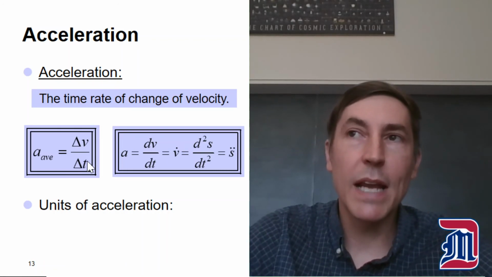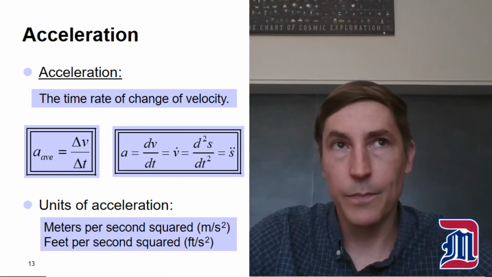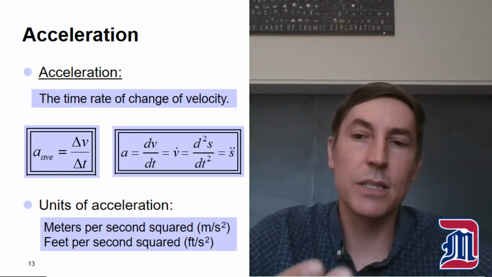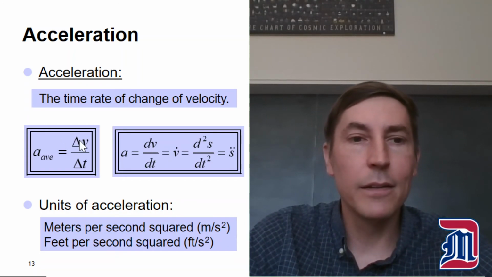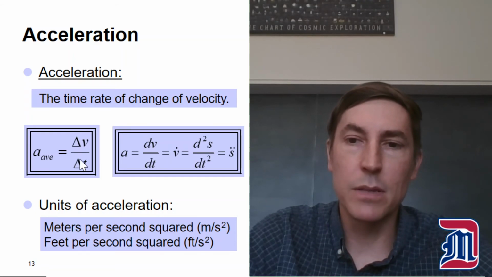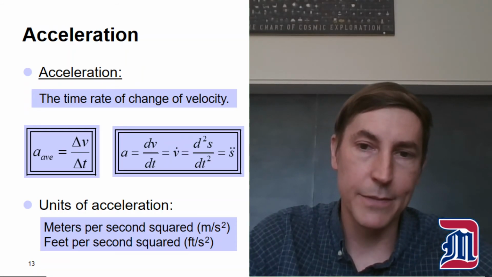And so you can also say that as meter per second squared. So it's distance per unit time squared. And a way to think about that, dividing by something is the same as multiplying by its reciprocal. So dividing by s is the same as multiplying by 1 over s.